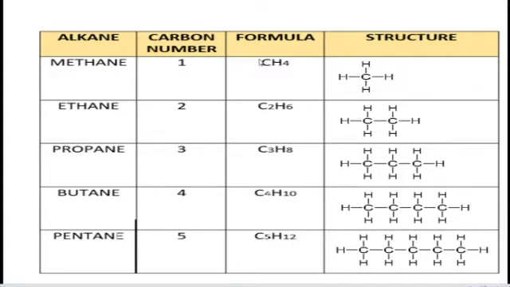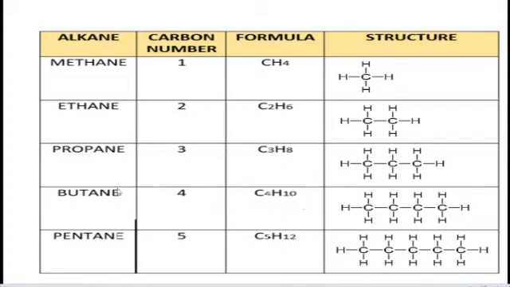The structure of methane: the formula is CH4, and the structure is 1 carbon combined with 4 hydrogen atoms with single bonds. Here C2H6, 2 carbon atoms combined with 6 hydrogen atoms. Here 3 carbon atoms combined with 3 plus 3, 6, and then 2, 8 hydrogen atoms.